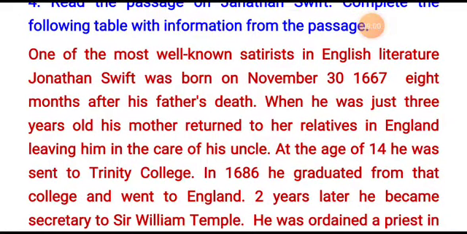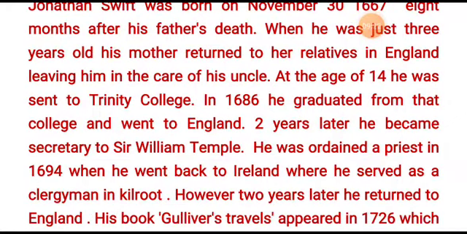One of the most well-known satirists in English literature, Jonathan Swift was born on November 30, 1667, 8 months after his father's death. When he was just 3 years old, his mother returned to her relatives in England, leaving him in the care of his uncle. At the age of 14, he was sent to Trinity College. In 1686, he graduated from that college and went to England. 2 years later, he became secretary to Sir William Temple.